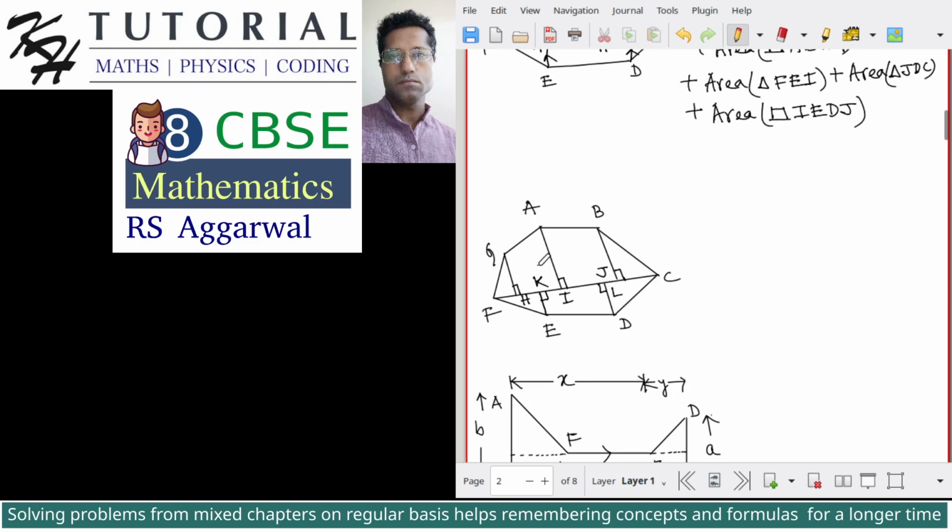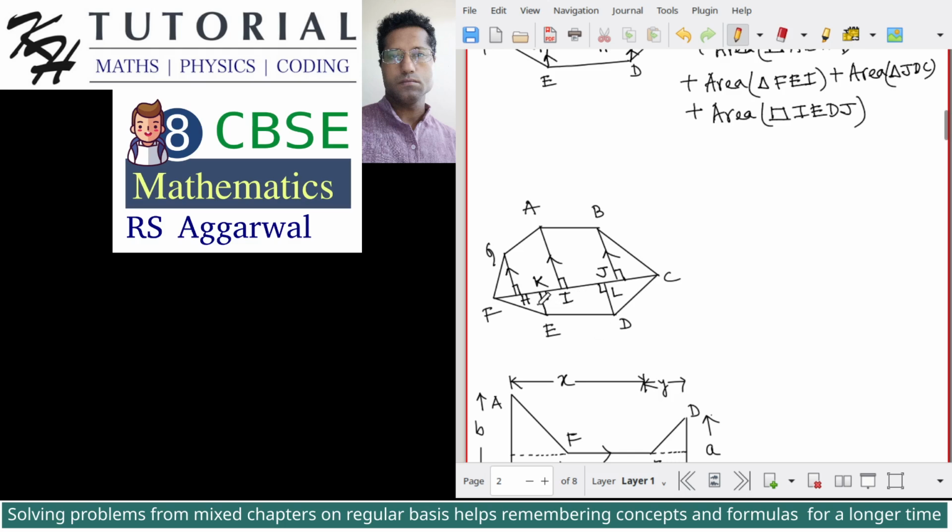So please note that GH will be parallel to AI, will be parallel to BJ, because all the perpendiculars GH, AI and BJ are all perpendicular to the diagonal FC. So these three perpendiculars will be parallel.